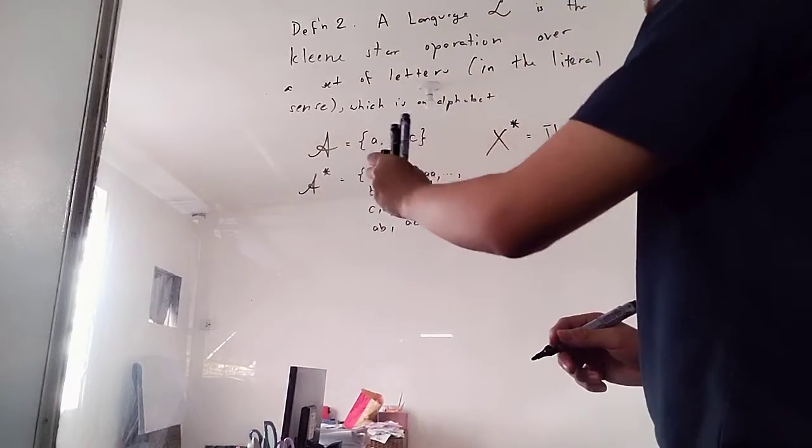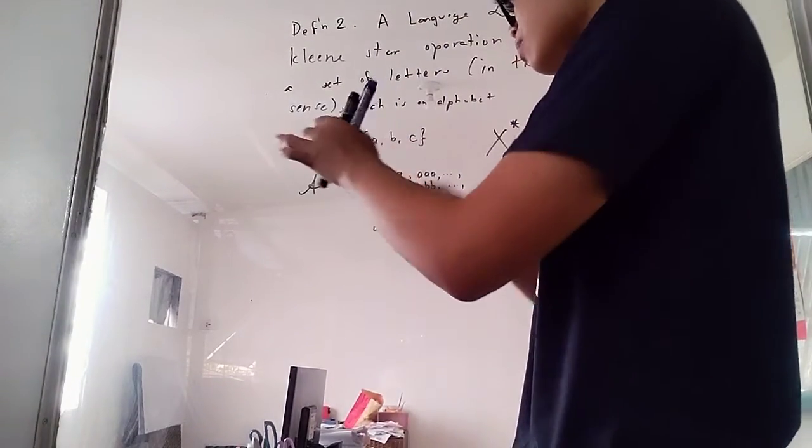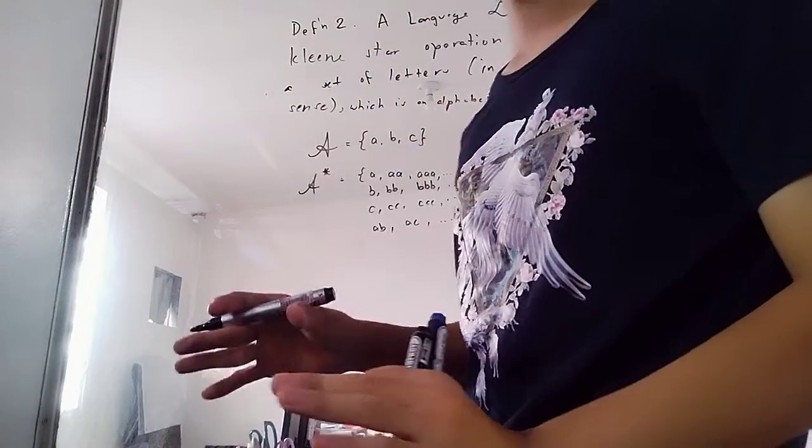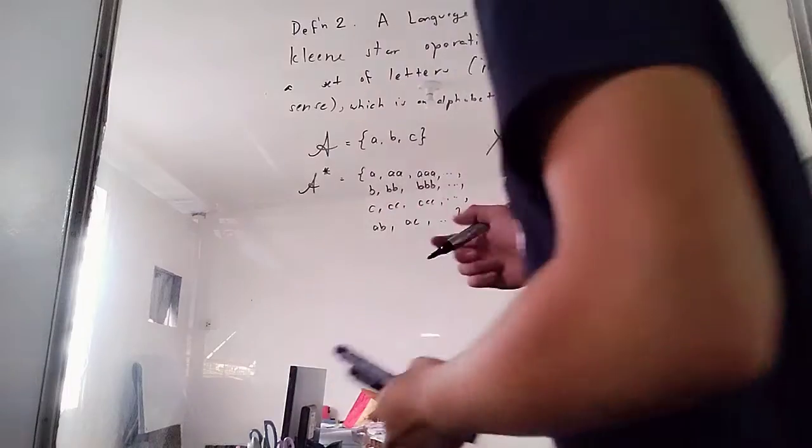Any word or expression you can think of that's formed with these three letters, all finite versions of those put into a set, is the Kleene star operation on A.